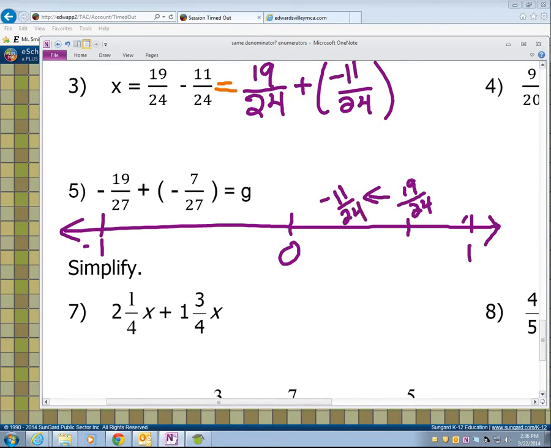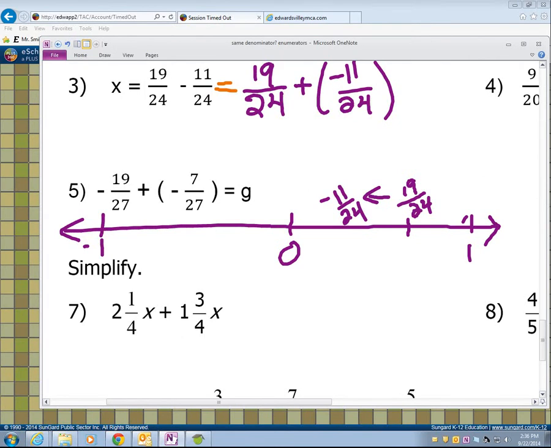What is 19 minus 11? Or 19 plus -11? Let's talk about integers for a moment here. Is it going to be positive or negative? Positive. That's because the number that is bigger is the one that's having stuff done to it.